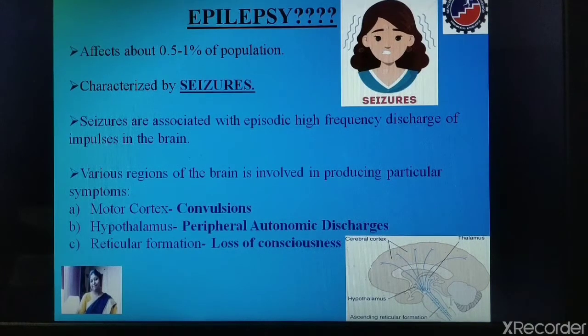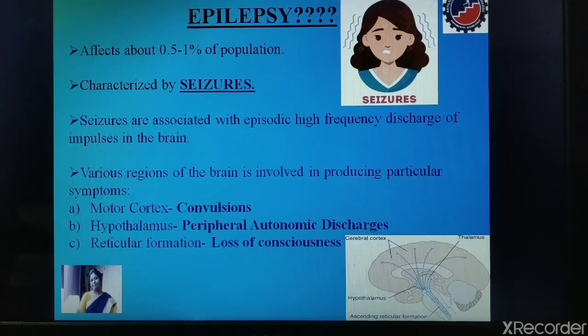It starts as a local abnormal discharge and may then spread to other areas of the brain. The primary discharge and extent of spread determines the symptoms produced, which range from brief lapse of attention to convulsions lasting for several minutes with various odd behaviors.